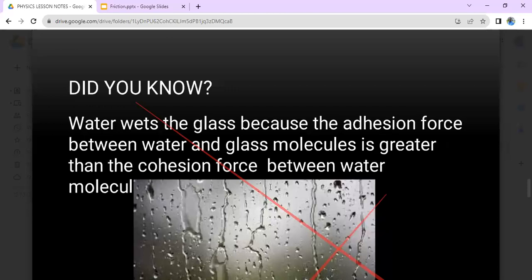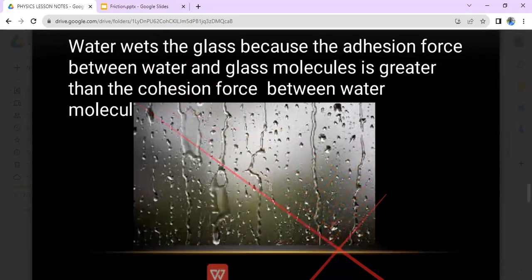Water wets the glass because the adhesion forces between water and glass molecules are greater. That means they are more than the cohesion forces that are between water molecules themselves. So the reason why you will find glass wet like that is because the water-glass forces of attraction, which is adhesion of different kind, is greater than the force of attraction between the water molecules, which are of the same kind.